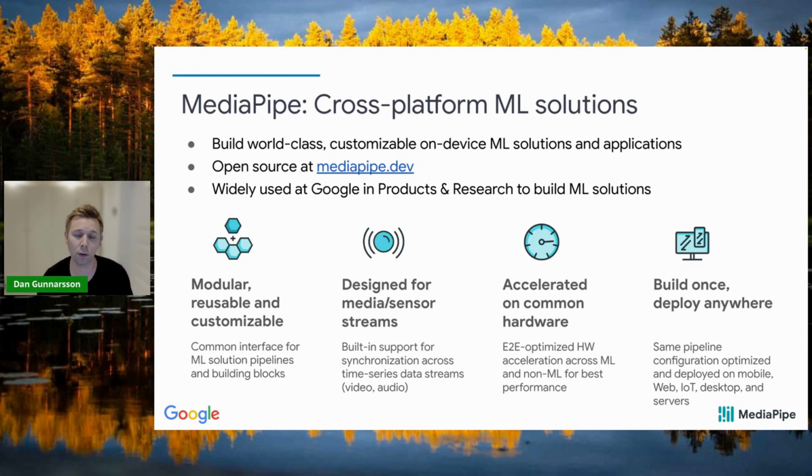It's modular. It's designed for media streams. It offers various acceleration on common hardware, and it is possible to use it cross-platform, which is really important for us since we are running on the web. We're also running on mobile devices. We are running on meeting room hardware and other various devices as well.